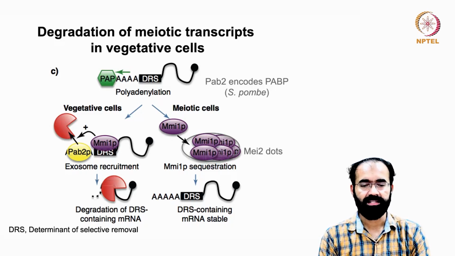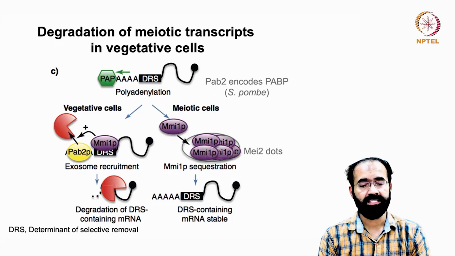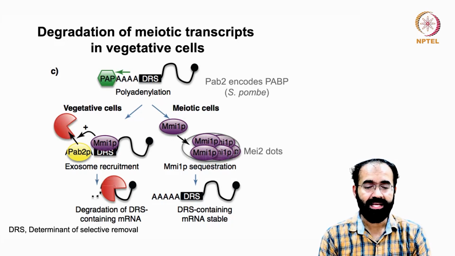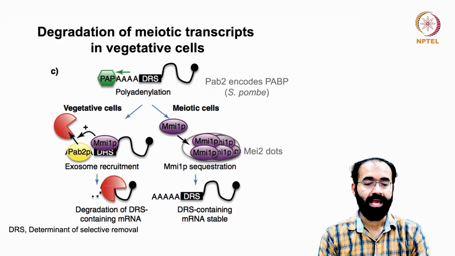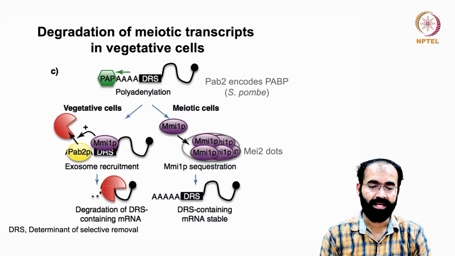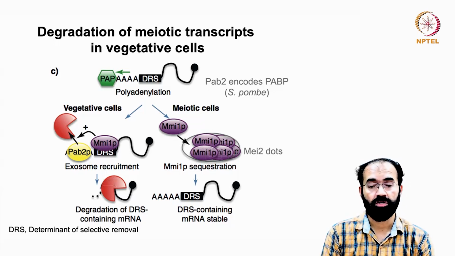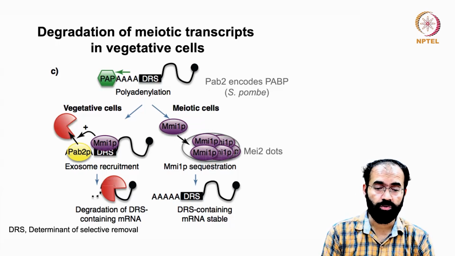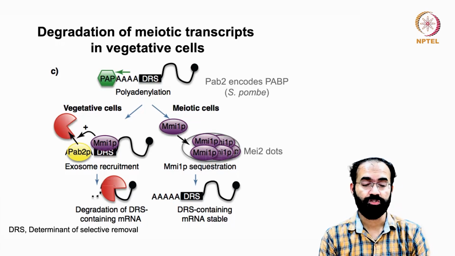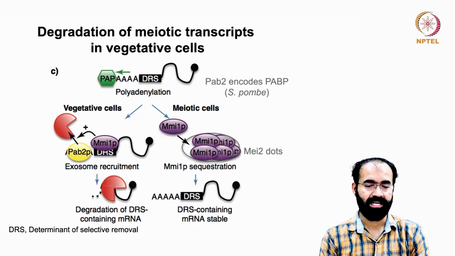In vegetative cells, for a given transcript, what will happen is this DRS is bound by MMI1P, that is the protein, MMI1P protein. If it is bound, then what will happen? It can cause exosome recruitment. Usually, if it can cause exosome recruitment, then that will eventually lead to degradation. We know exosomes are meant for 3' to 5' exonuclease activity.